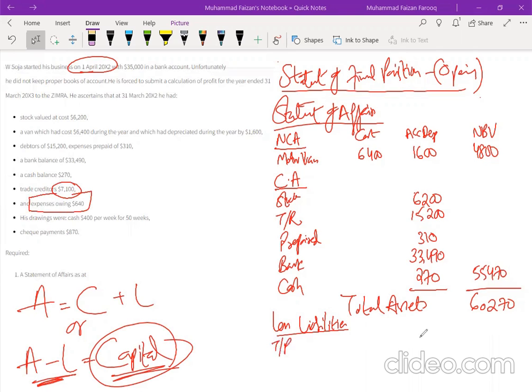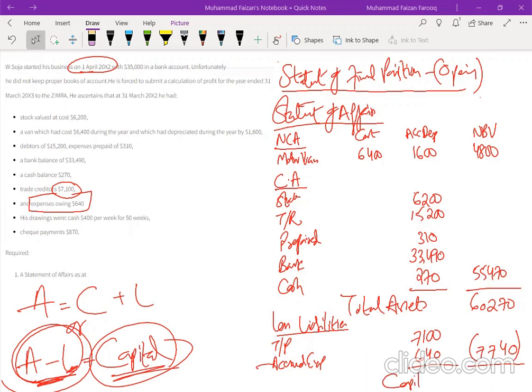So I have trade payables of 7,100 and I have accrued expenses 640. The total of them is 7,740.